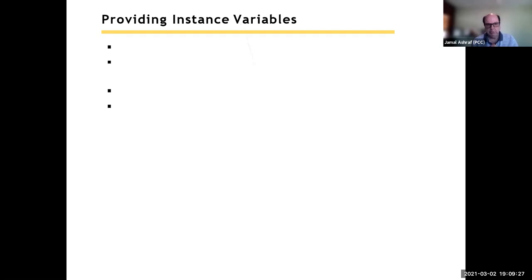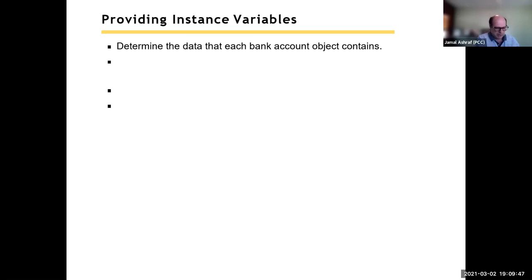So what kind of data do I need for my bank account? Again, we will go a lot deeper than this in chapter 8, so don't worry about it too much. But the question is, if I have an object, I'm going to be tracking some data.